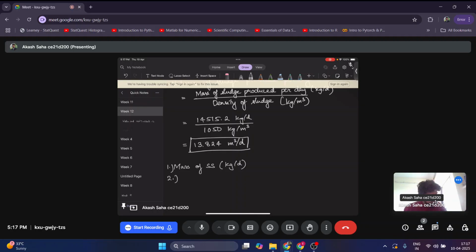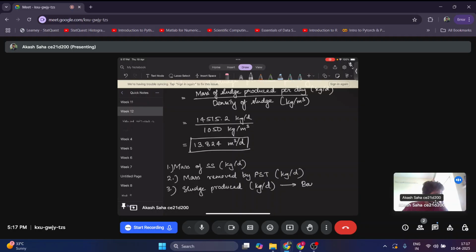Then we will calculate the mass removed by PST. That is also in kg per day. Then for this mass removed, we have to calculate the sludge produced, again in kg per day.